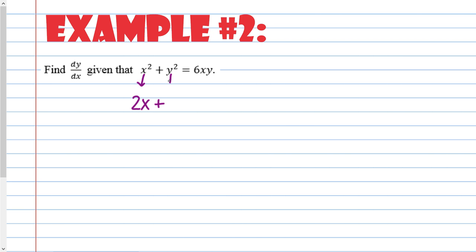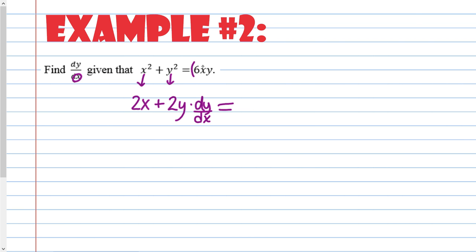The derivative of y squared is also 2y, but because I am deriving with respect to x, and y is obviously not x, I have to multiply by the derivative of just y, which is dy over dx, because we're deriving with respect to x. Equals, and I have 6 times x times y.